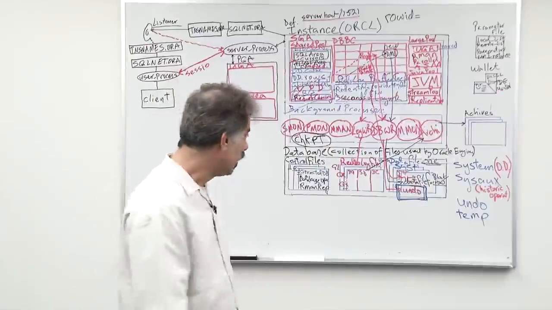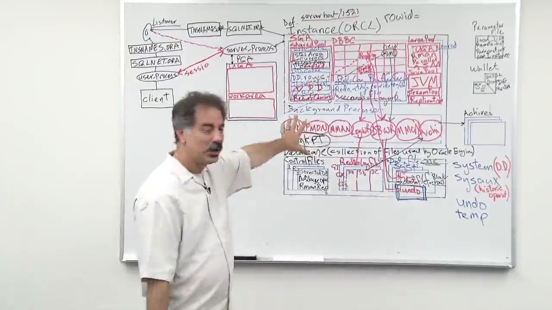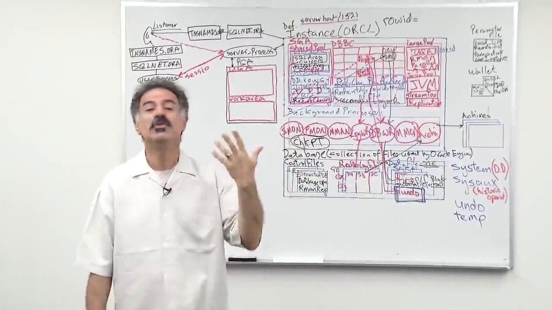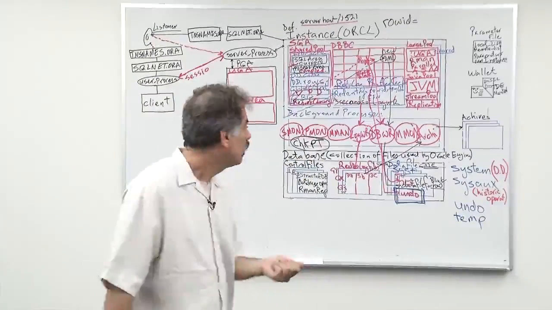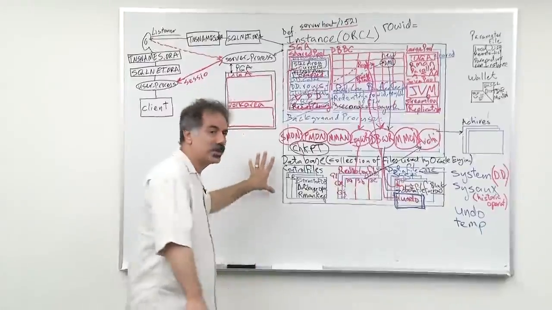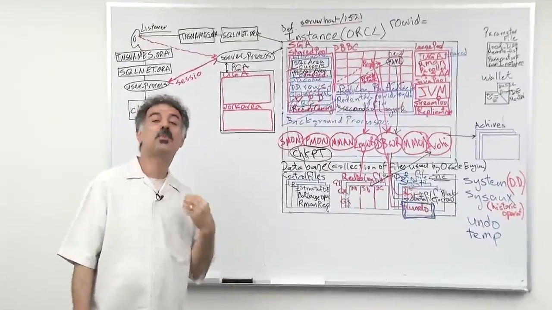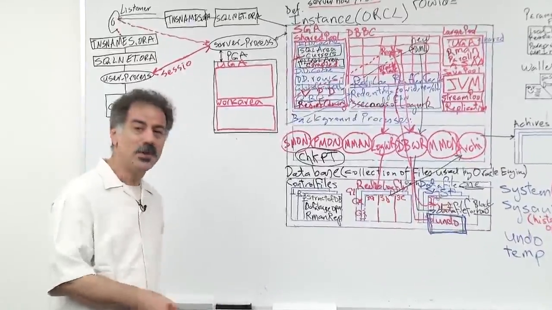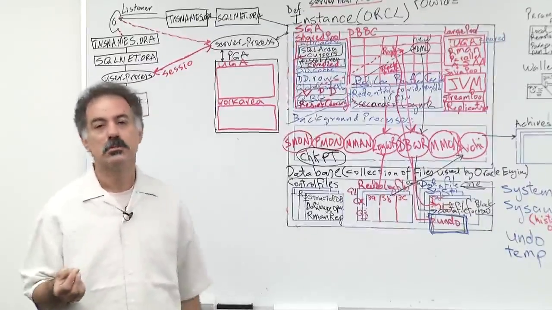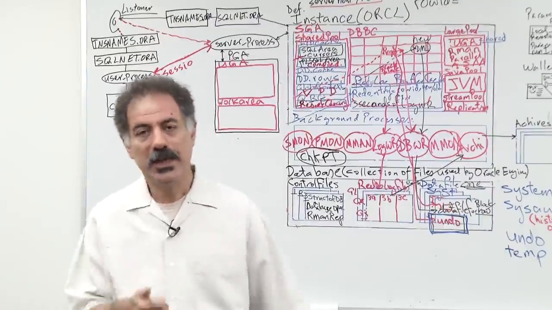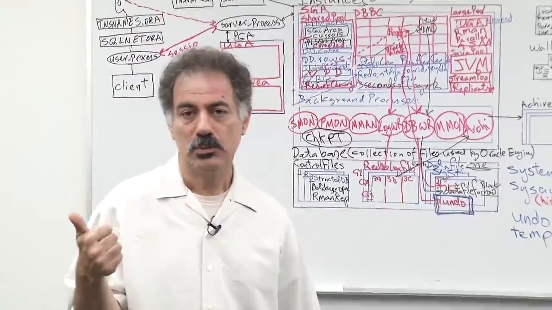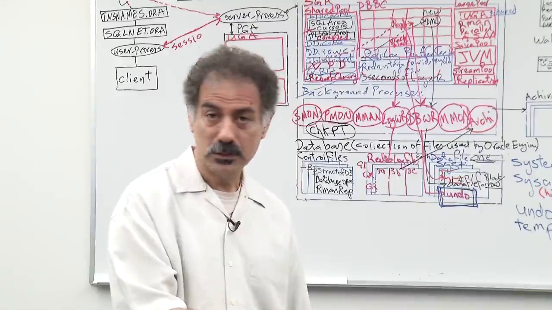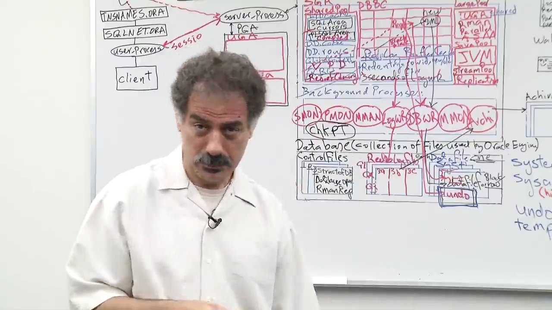All right, now that we understand the container and the components of the container, now we need to move inside the container. Okay? Now, what do we put inside the container? Inside the container, we put pluggable databases. Okay? Now, to be able to create a pluggable database, I can either take a non-container database, like the old single instance, convert it into a pluggable database, and then plug it into a container.